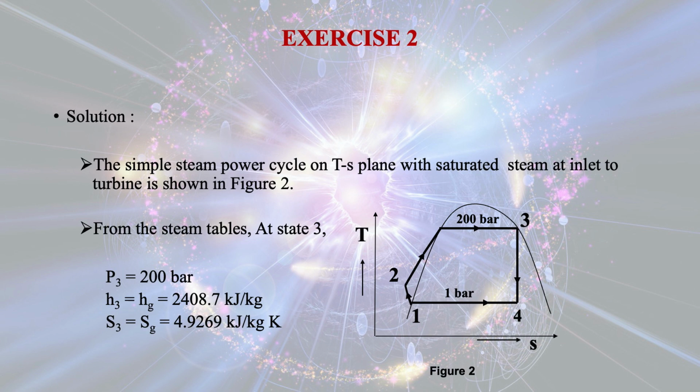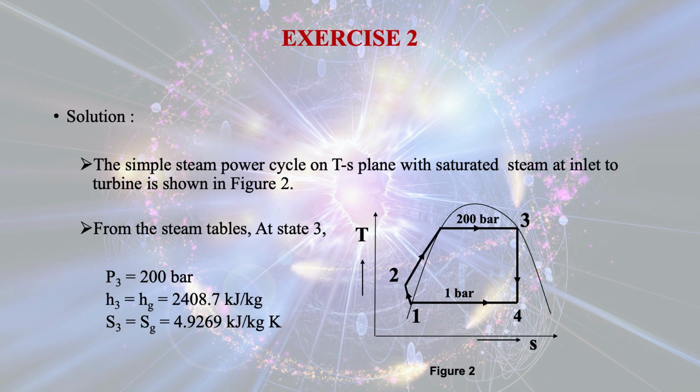State 1 to state 2 is the process which is occurring in the pump, and point 2 is the entry point of the cycle at boiler, and point 3 is the exit point or state 3 at the outlet of the boiler.